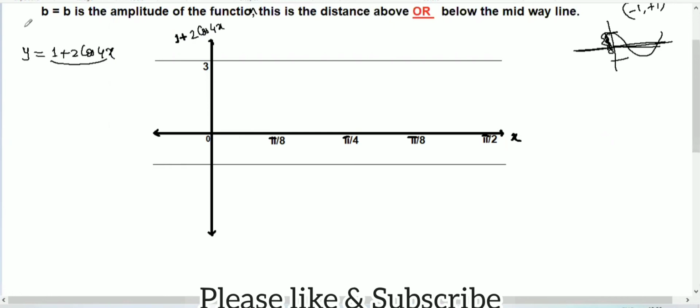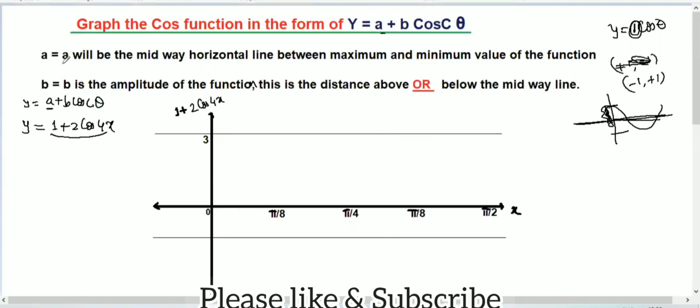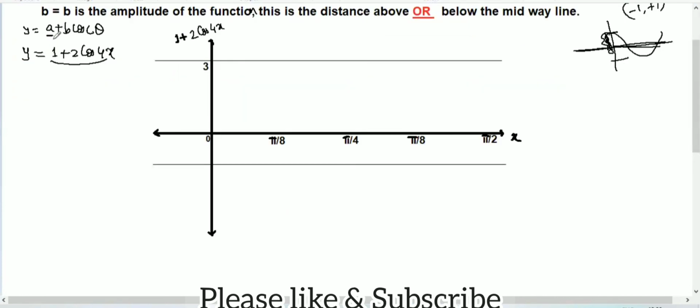So as we are drawing y equal to a plus b cos c theta, what is a? A is here 1. So a represents the midway line, as I explained to you here. So a is here 1. Let's do it here. This line represents 1. This distance is 2.